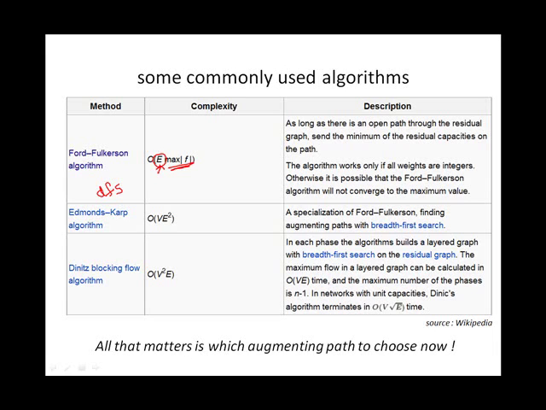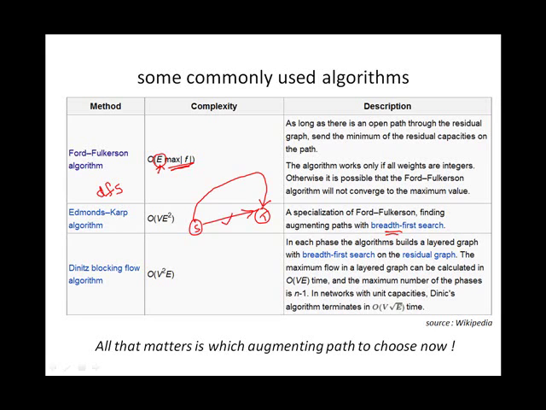Instead, if you find the augmenting path using a breadth first search, that is nothing but a shortest path. From source to sink, there are many augmenting paths, but out of all augmenting paths present, I will pick the one which is shortest, that is in terms of the number of edges.